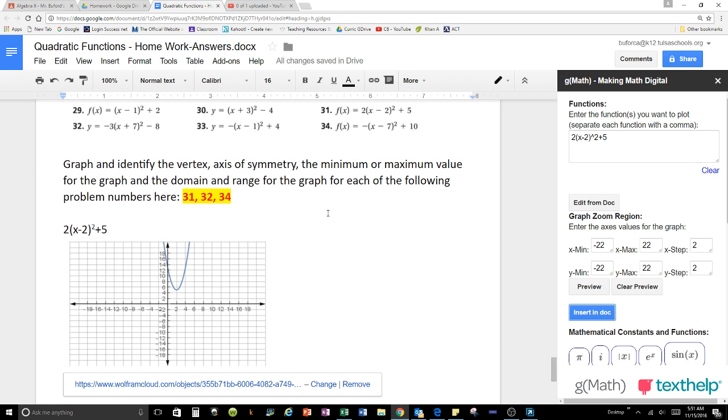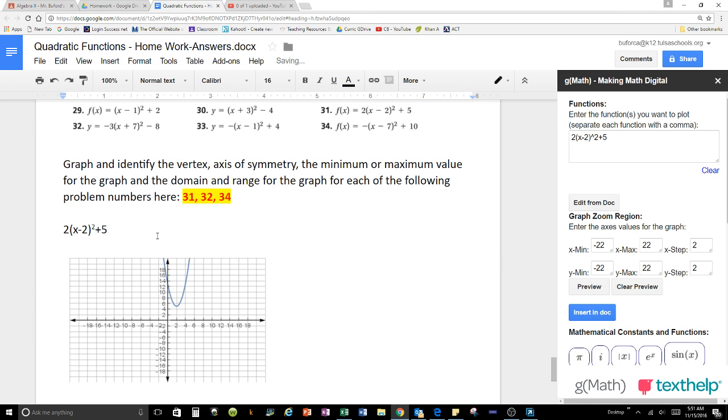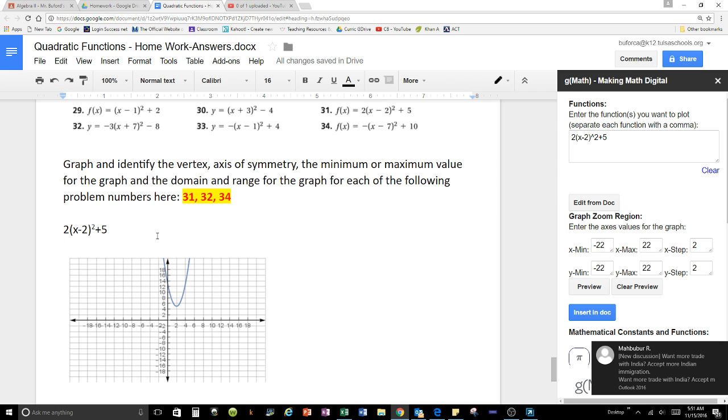Now, what is the axis of symmetry? We know that the axis of symmetry is always at the value of h, which is at the vertex. The axis of symmetry is the value of x that splits this parabola in 2, and so that's what we call h, which is equal to 2.